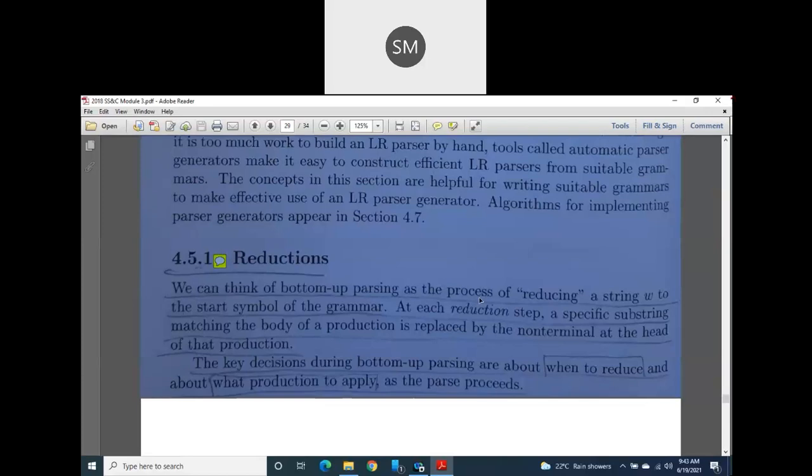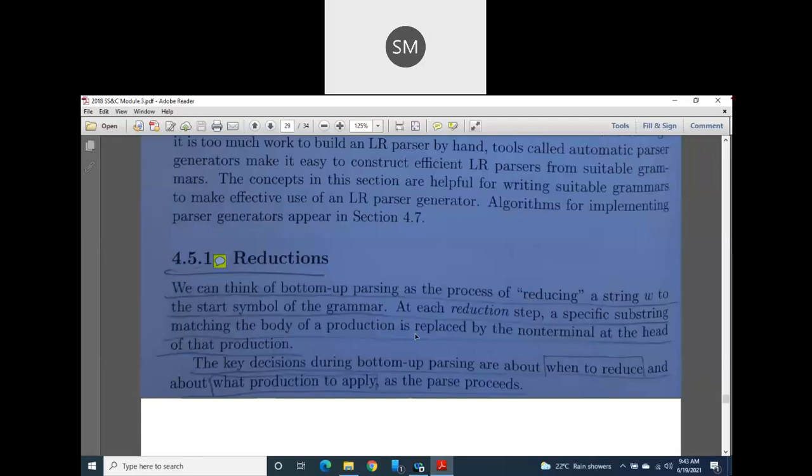So bottom-up parsing, in other words, is called reducing a string to the start symbol. And in every reduction step, one particular substring which matches the body of a production will be replaced.